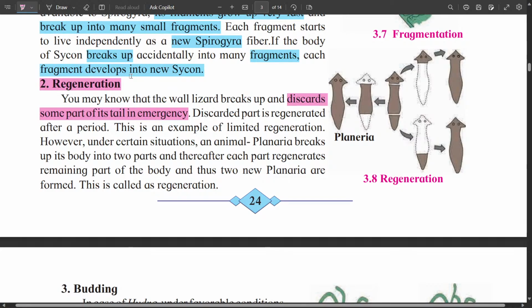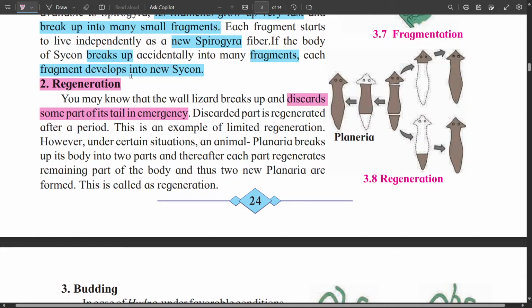Now see, here it is not simple cell division. It is something more than that, because in the tail of that wall lizard, different types of cells will be there. There will be some muscle cells, there will be some skin cells.